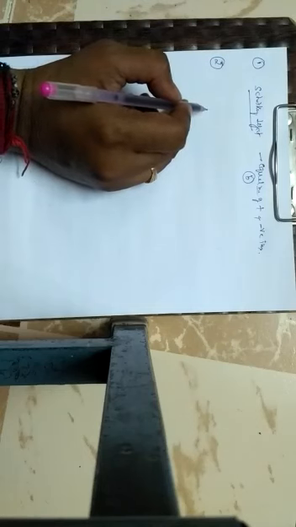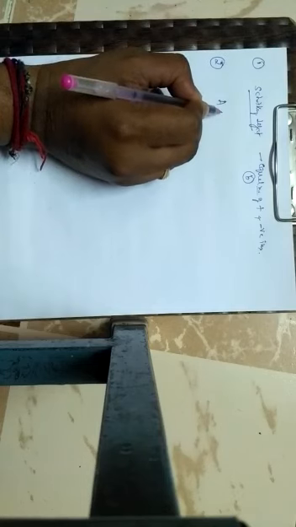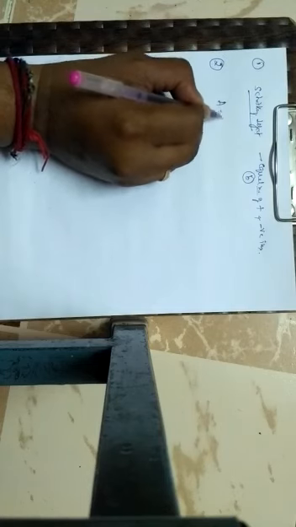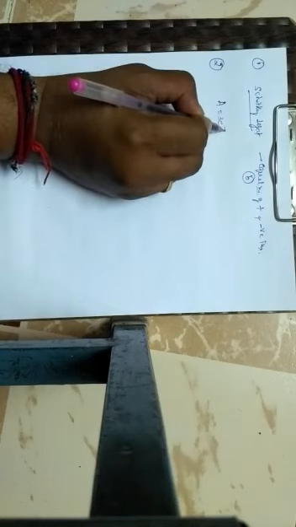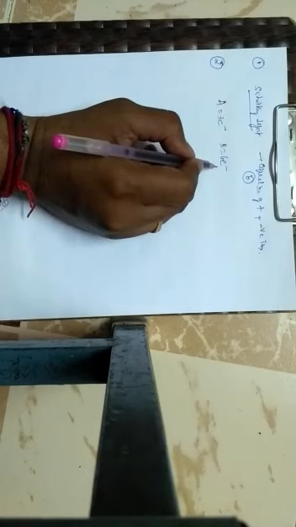Next question, question number 2. An atom of an element A has 3 electrons in its outermost orbit, and that of B has 6 electrons in its outermost orbit. The formula of the compound between these two will be.